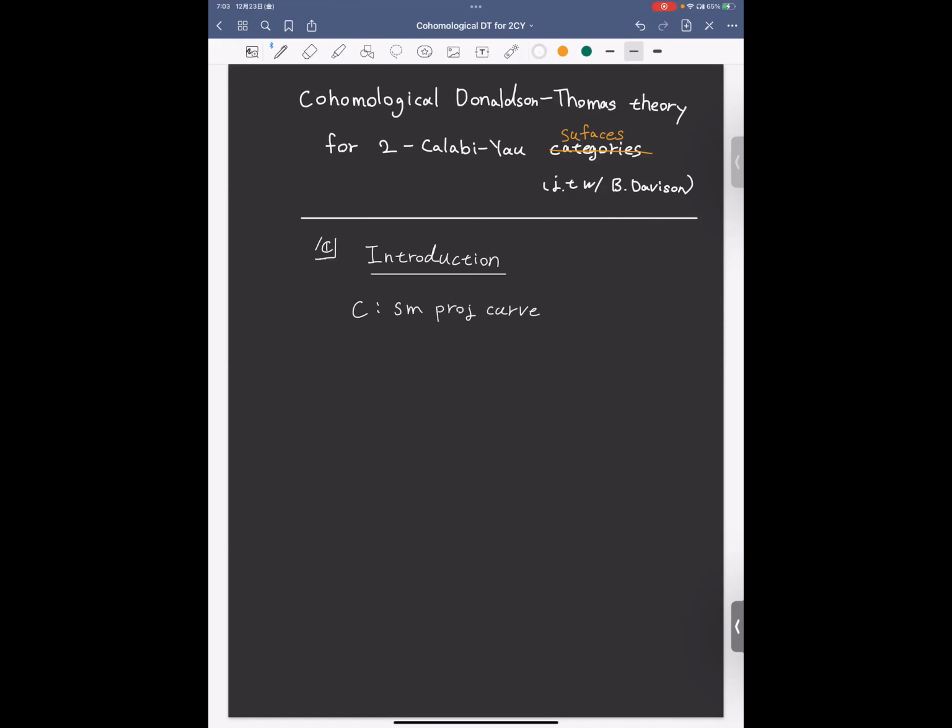And for simplicity, we assume the genus of C is greater than or equal to 2. Okay, and now we give a definition of Higgs bundle.